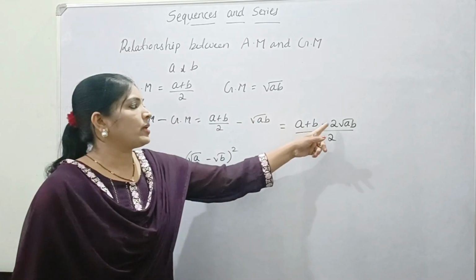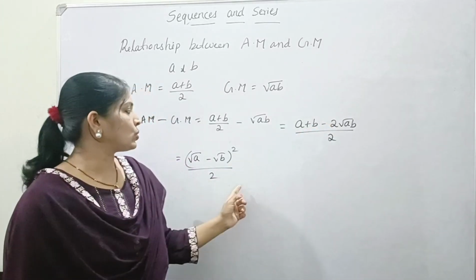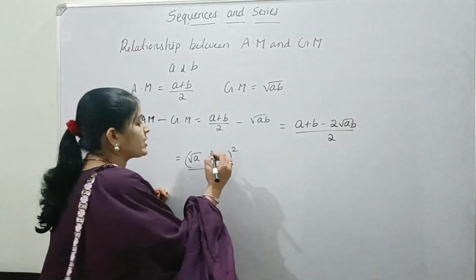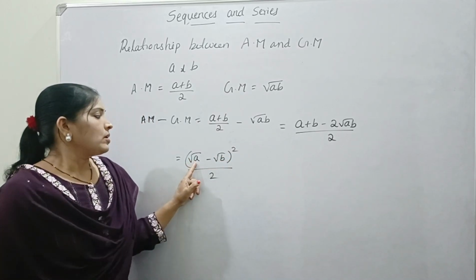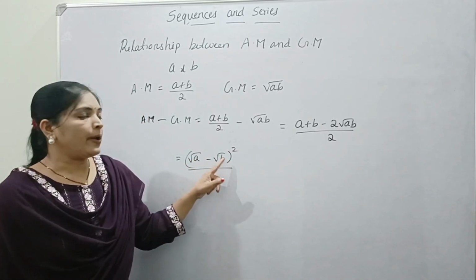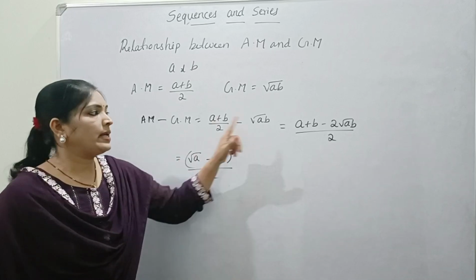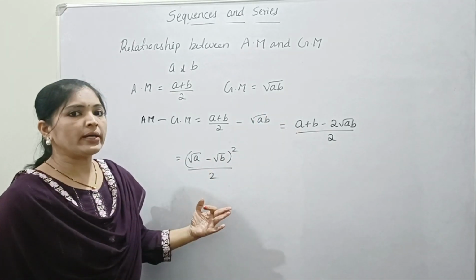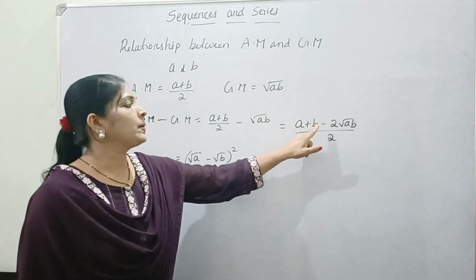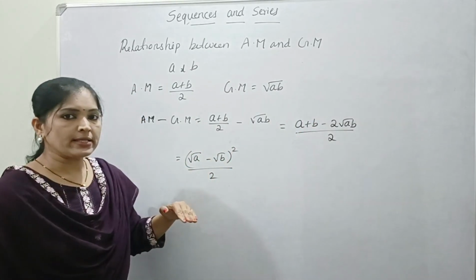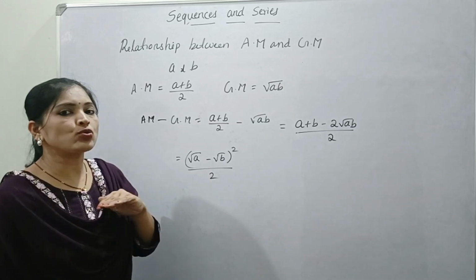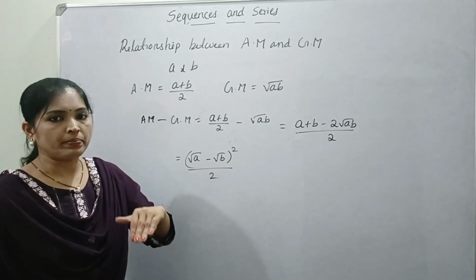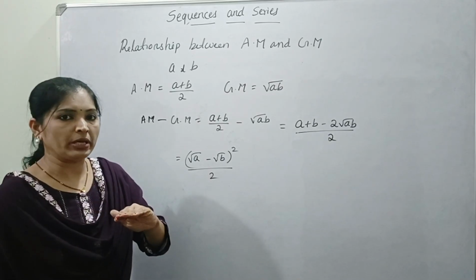Like the (a minus b) whole square formula, a square plus b square minus 2ab, right?